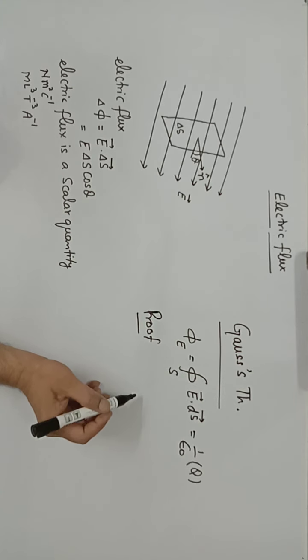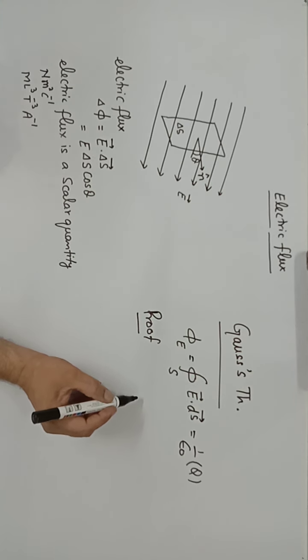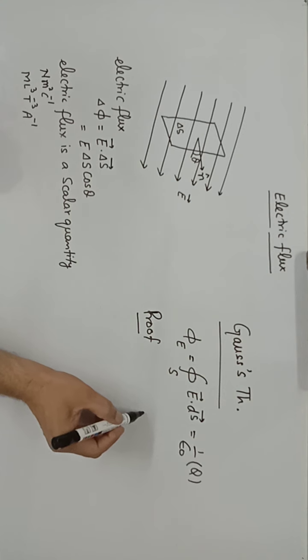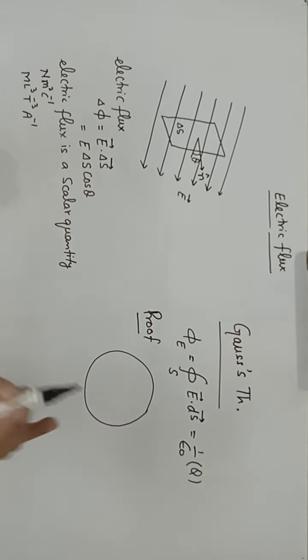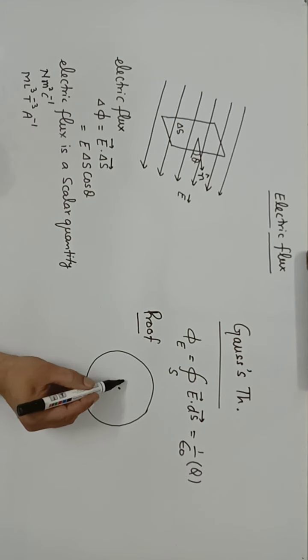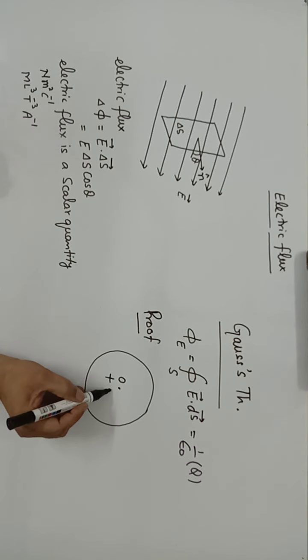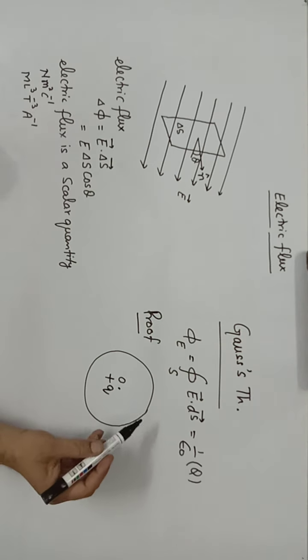An isolated positive point charge Q is situated at the center O of a sphere of radius r. This is the center O where charge plus Q is situated.